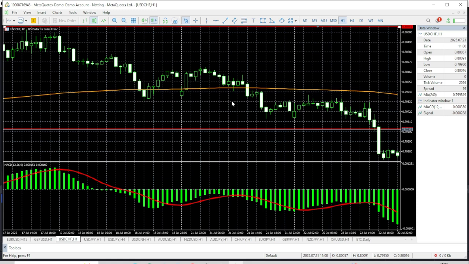Then overlotting. Overlotting is very, very serious. Lot sizing is still a very big strategy that is unknown to a lot of traders. A very good strategy. Because many traders want to make money overnight.